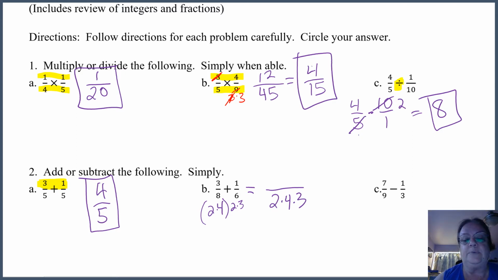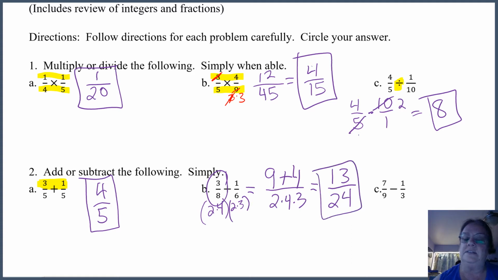So I need a 3 for the 3/8. So 3 times 3 is 9. Plus, now the 1/6 is a 2 times 3, so it needs a 4. So 1 times 4 is 4. And there we go. 9 plus 4 is 13 over 24. 2 times 4 is 8. 8 times 3 is 24. There we go.